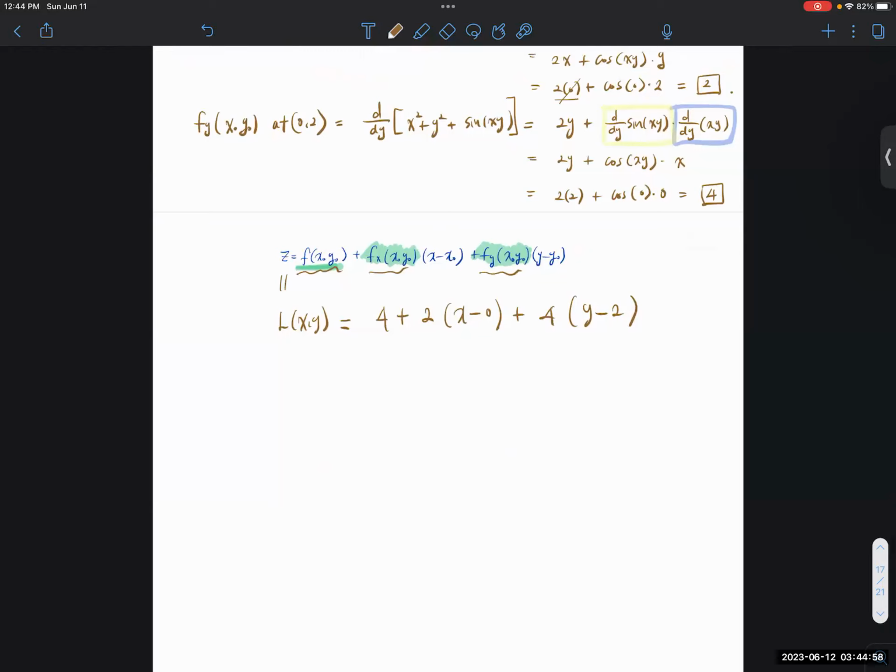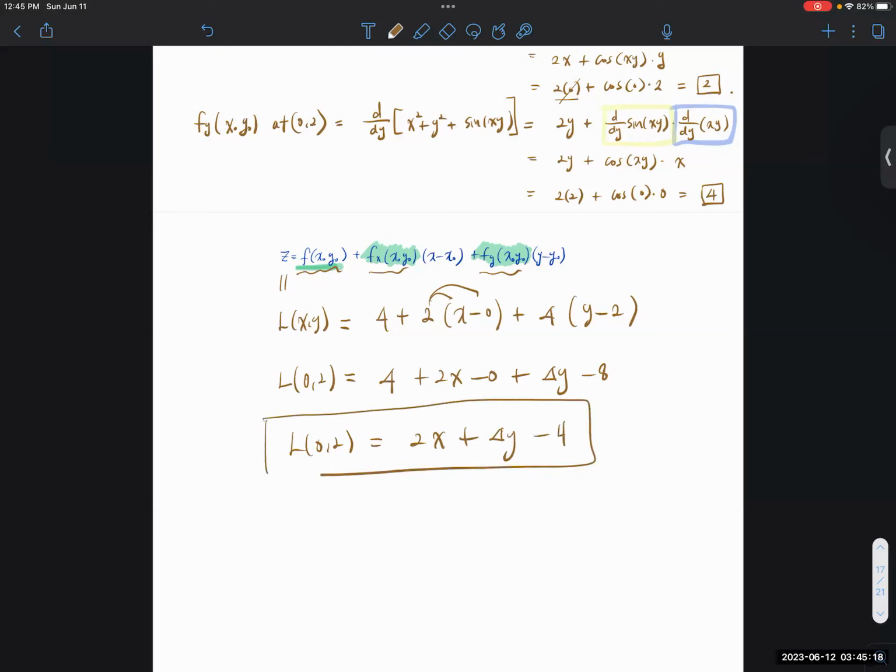So therefore, the linear approximation at (0, 2), we're just plugging in all the numbers: 4 plus 2x minus 0, plus 4y minus 8. So L(x, y) equals 2x plus 4y minus 4.